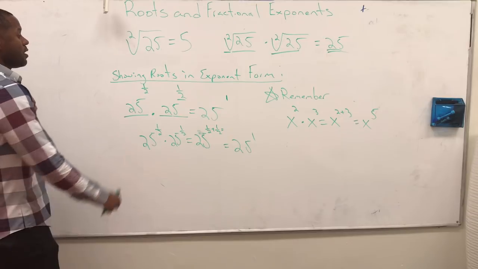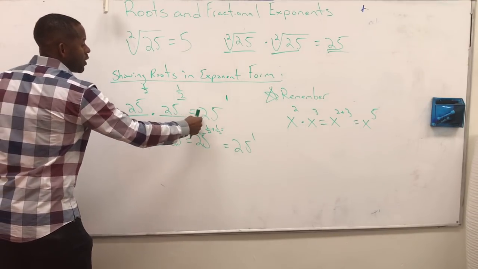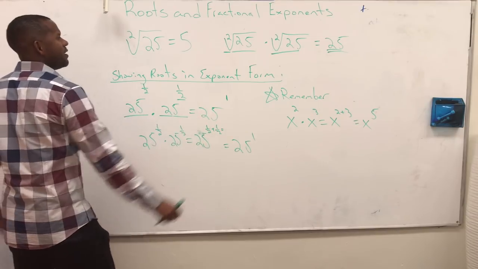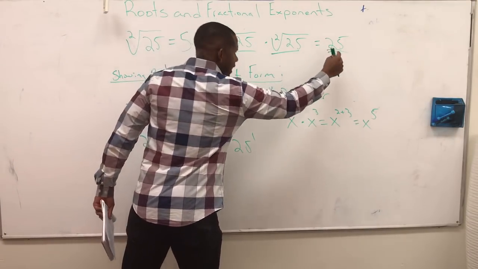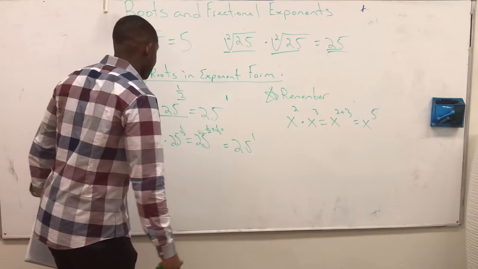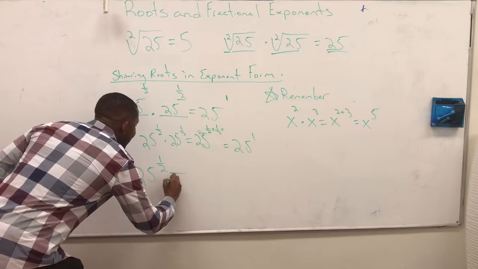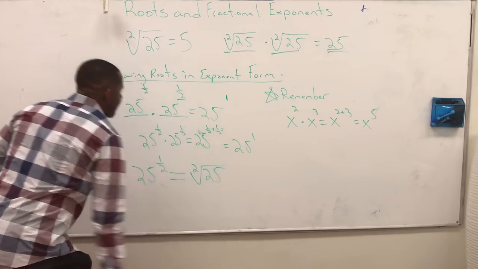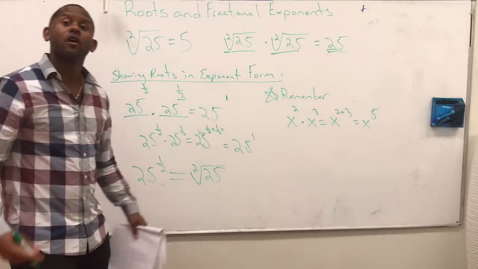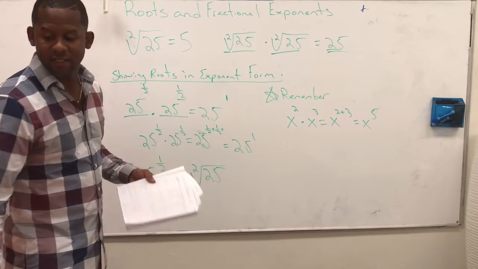Okay? So that means, if 25 to the 1/2 times 25 to the 1/2 is 25, and the square root of 25 times the square root of 25 is 25, that 25 to the 1/2 has to be the same thing as the square root of 25. Those are the same. That is a humongous key.